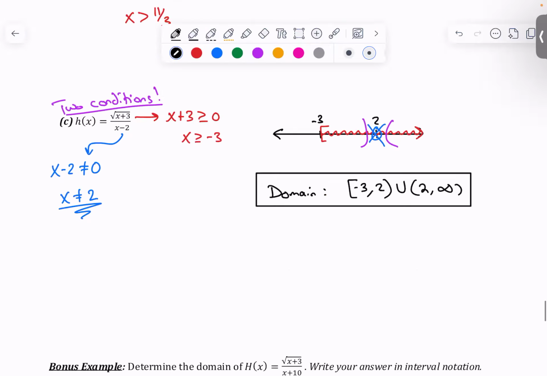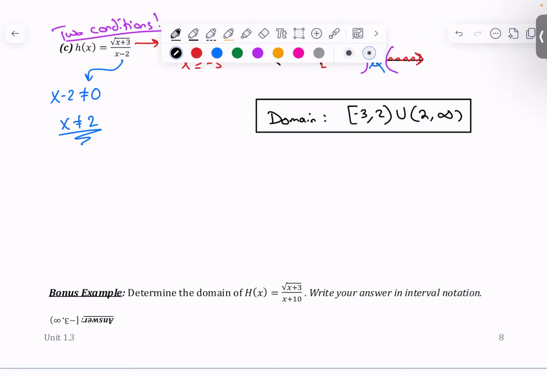Okay. One last thing is this bonus example. Notice that H of x is equal to the square root of x plus 3 over x plus 10. Notice that's basically the same as lowercase h. That's why it's called capital H. The only thing that's different is instead of an x minus 2, it's an x plus 10.